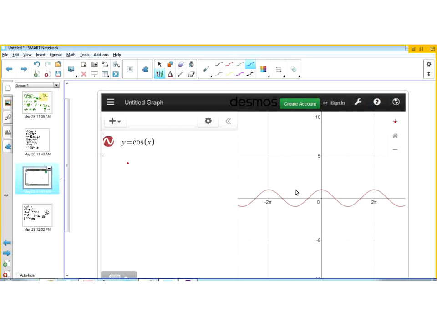If we start here at pi, that won't work either, right? How about we start at pi halves? That wouldn't work. Starting at 0, we could start at 0.